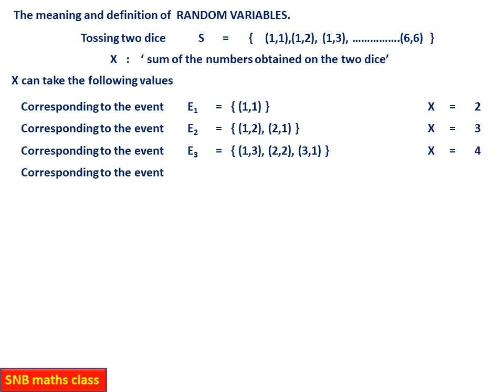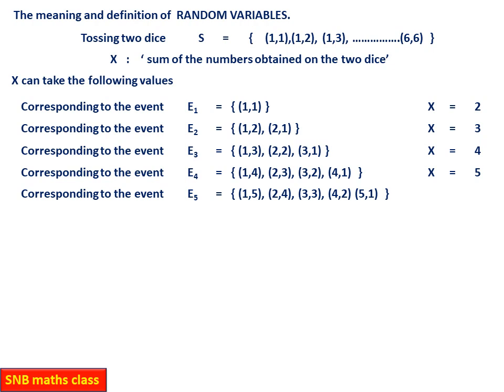Like this we can list all the possible events, which are nothing but subsets of S, the sample space. E4 consists of 1 4, 2 3, 3 2, 4 1. The sum of these two numbers will be 5. Similarly, you can take E5, that is 1 5, 2 4, 3 3, 4 2, 5 1.